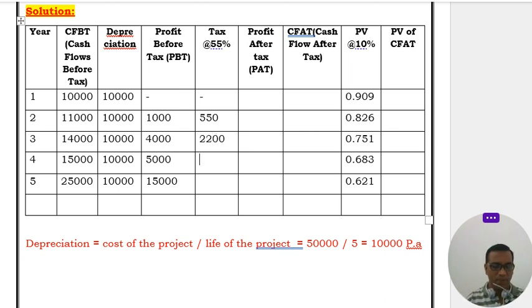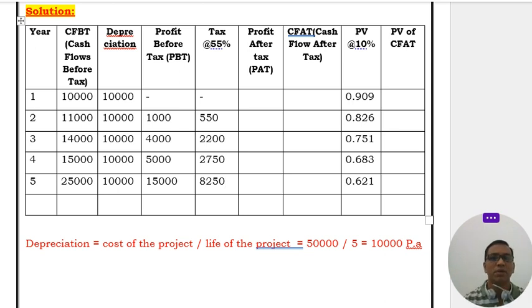Next, 55% on 5,000, 5,000 multiplied by 55 over 100, equals 2,750. Next, 55% on 15,000 is 8,250.